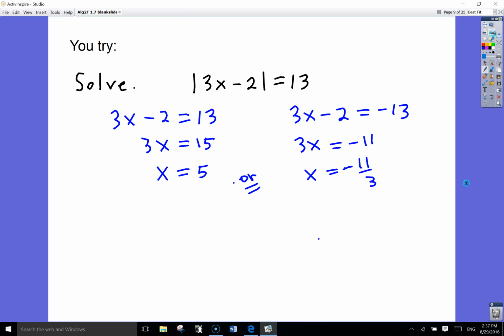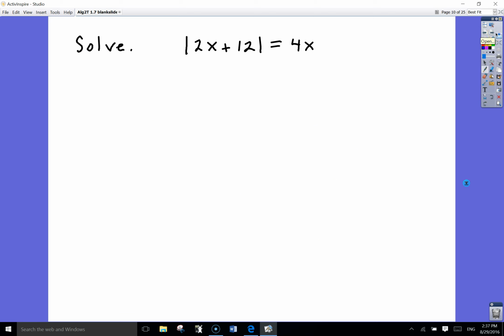Right, so here's an example. All right, what's different about this example than the ones we did before? Right, the answer is, in this problem, you got an x on the other side of the equal sign, outside of the absolute value. Right, I'm still going to set it up the same way. Right? 2x plus 12 equals 4x.